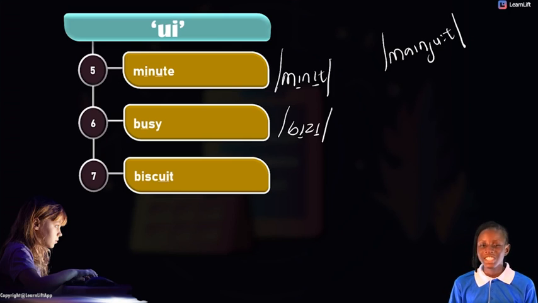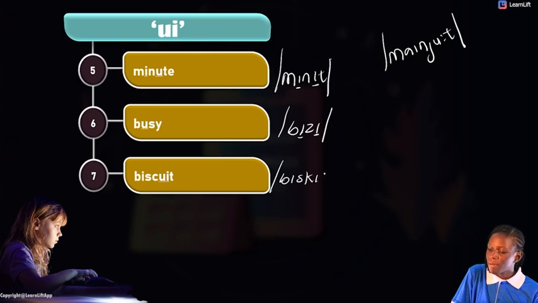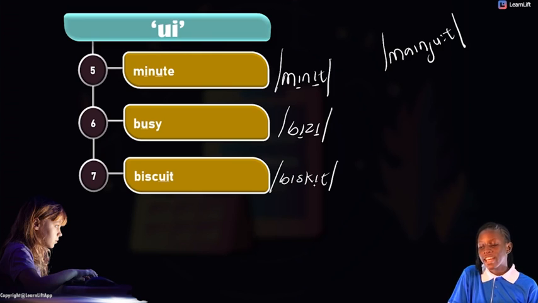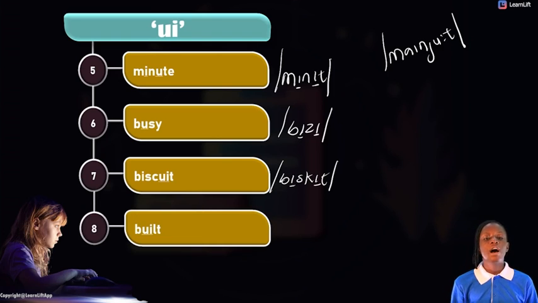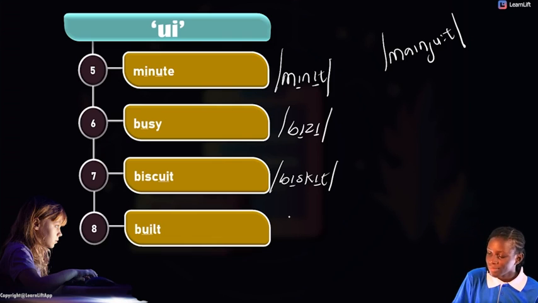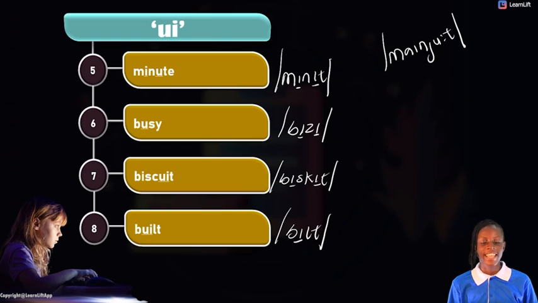Now our biscuit is transcribed as this, biscuit, having E here and E here too. Next up quickly we have our build. Now using the idea you have from your build and guild, let's transcribe build together. Now our build is transcribed as build. So easy.